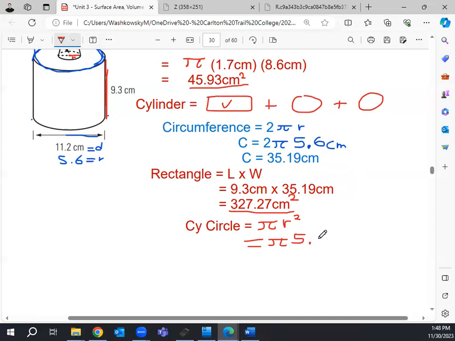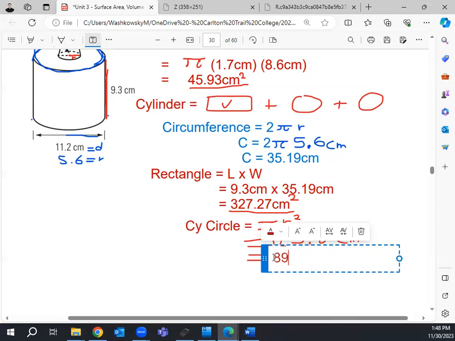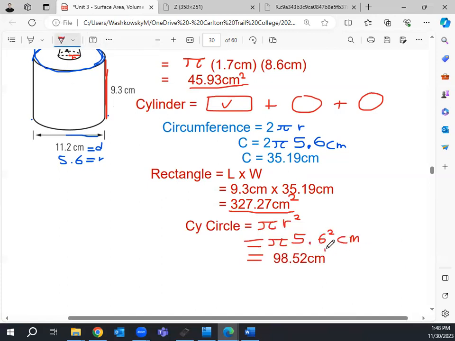Yes. 5.6 squared centimeters. Which if I punch into a calculator should give me 98.52 centimeters squared. Gonna underline that, that's important.